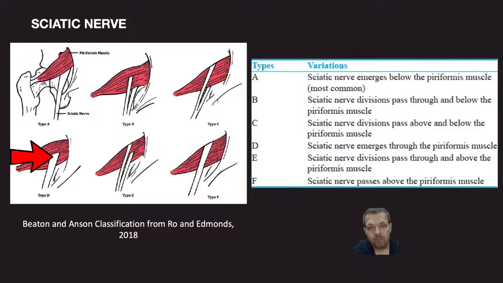This one here, where both are still wrapped together. Okay, so they haven't split at this point, and the single sciatic nerve goes through the piriformis. This one here, where the top part goes over and the bottom part goes through, and then this where the whole thing goes over. So those are the common variations of the sciatic nerve around the piriformis.